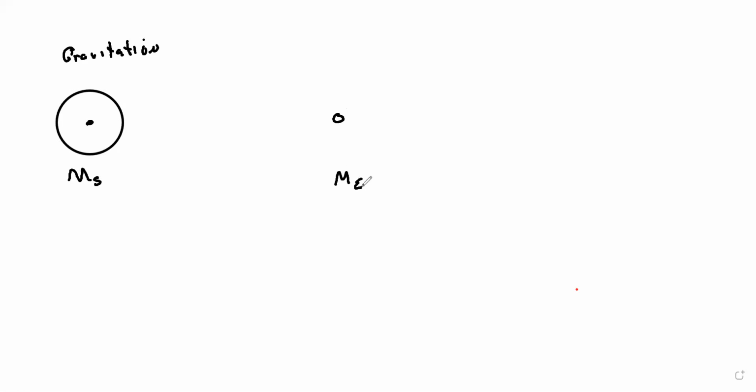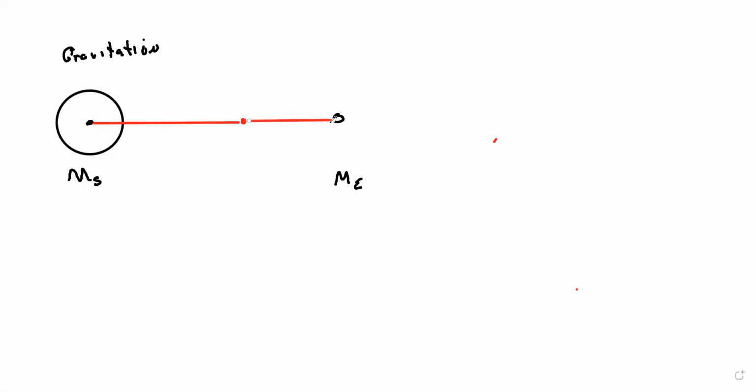And we're going to have a little particle right here, somewhere between the sun and the Earth. And then we're going to have a distance that comes from here to here, and another distance that comes from the particle to the Earth.